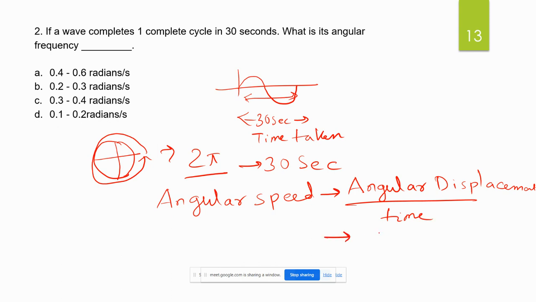So angular displacement is 2 pi and time is 30. So this is pi by 15 or 0.209 radian per second, which is option B.